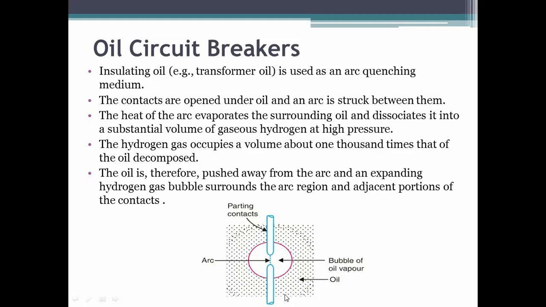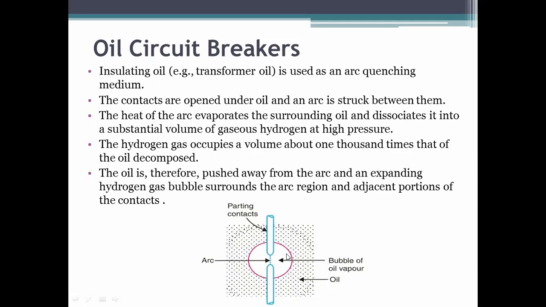That gas will force the oil to go in the outward direction, and a bubble will be formed, and this bubble is of the oil vapor, that is nothing but the gas. Okay, so hydrogen gas.